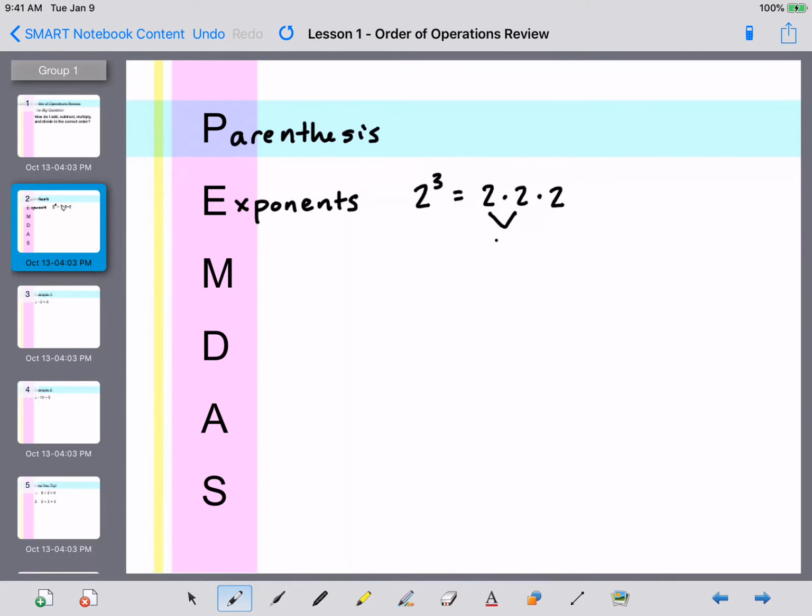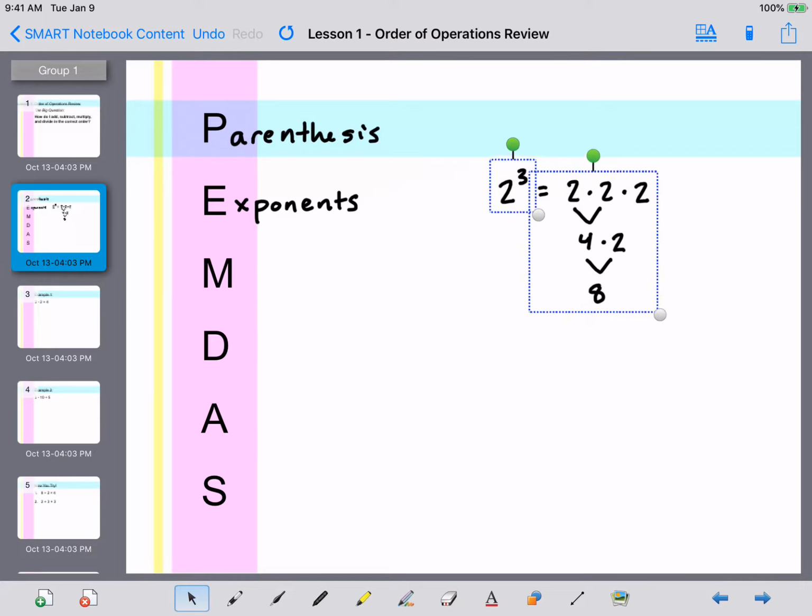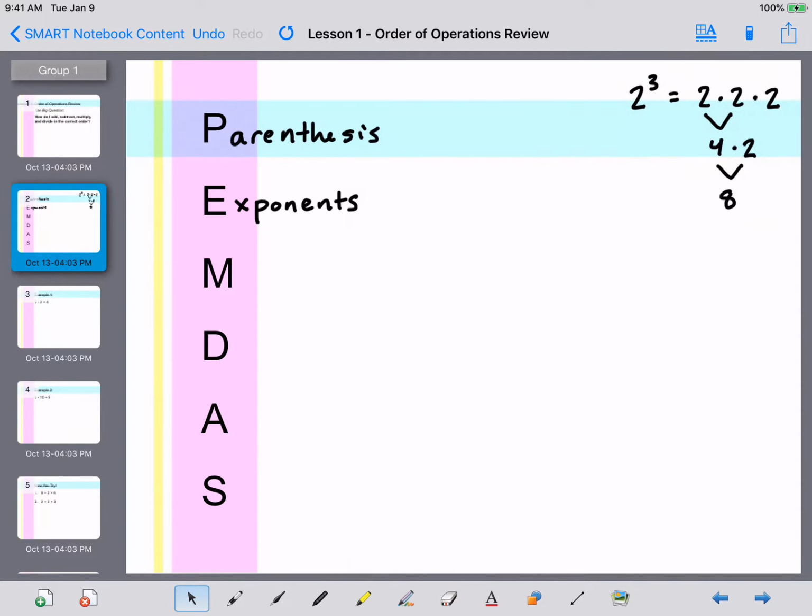So 2 times 2 is 4, and then we still have this times 2 here, and then 4 times 2 is 8. So 2 to the power of 3 would give us a result of 8. And again, we're not going to get too hung up on this, so just put that off to the side. You'll do more of exponents further in your math career.